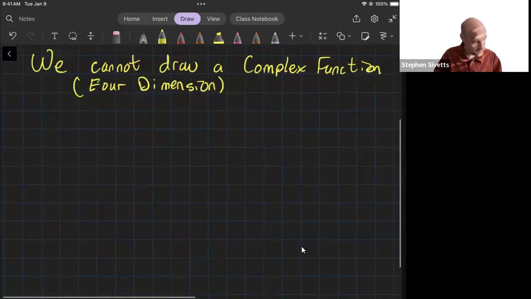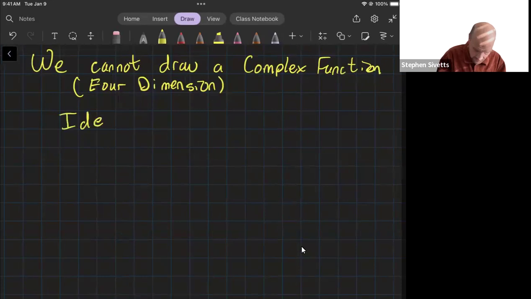of the complex plane. Here's the idea of what an image of a set is.